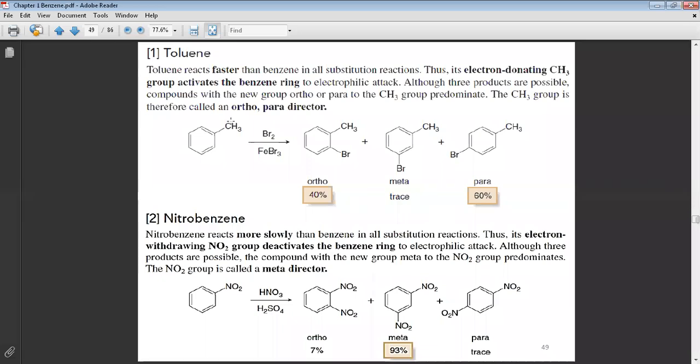For this reason it activates the benzene ring, and the orientation will be ortho-para, not meta. In nitrobenzene, the NO2 group is deactivating, withdrawing electrons. That means it deactivates the benzene ring, and the orientation will be meta, not ortho-para. Why meta here, and ortho and para in the first example? This depends on the mechanism of the reaction, and we will take it in the next slides.